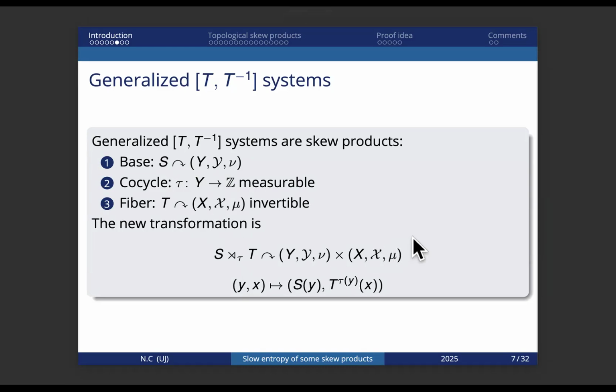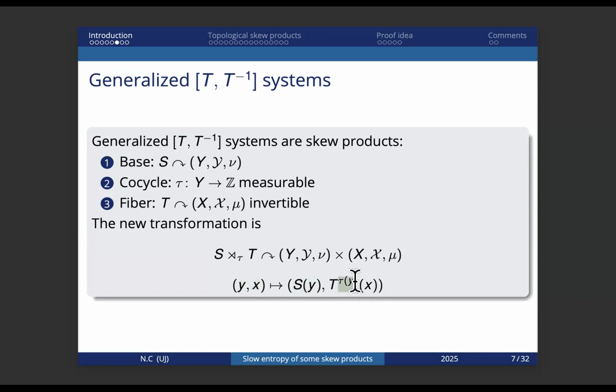And the transformation is similar to the previous one. We have this S times T system, which acts on the product space. One can prove that it preserves the product measure. Y goes to S of y, and x goes to T to the something of x.